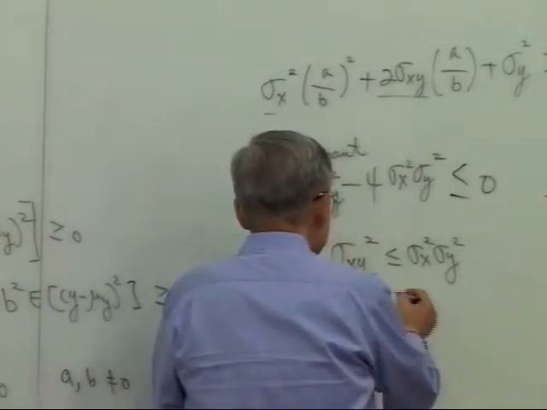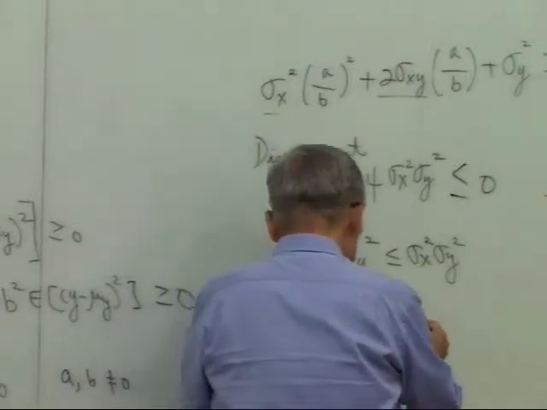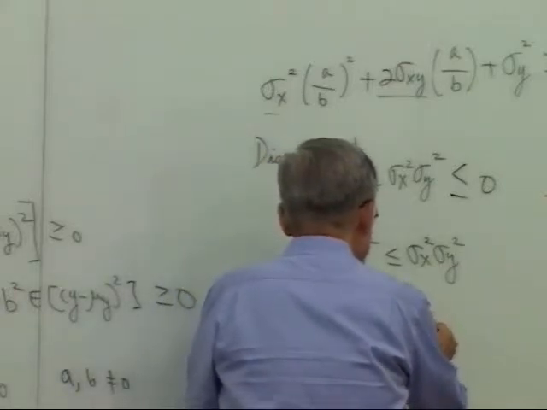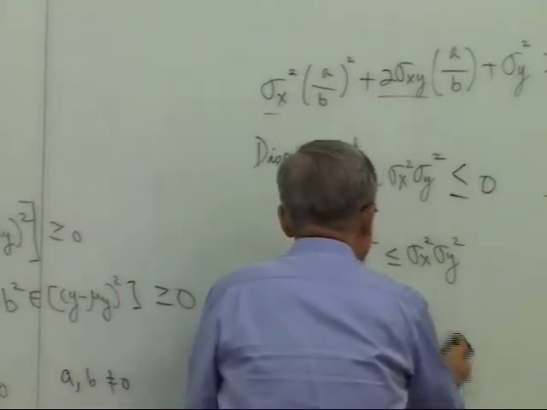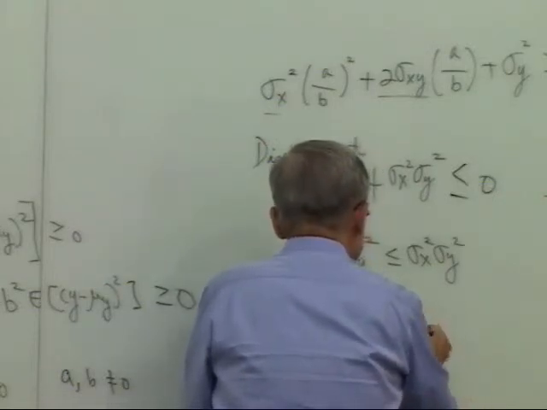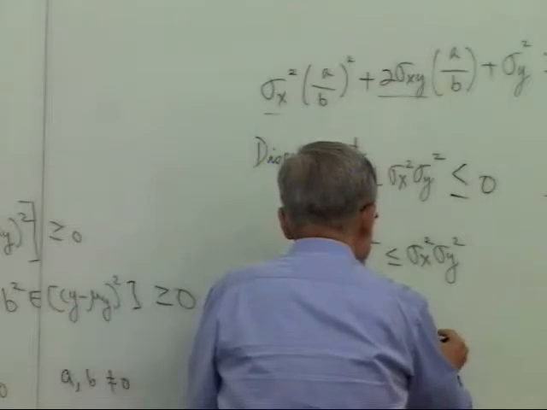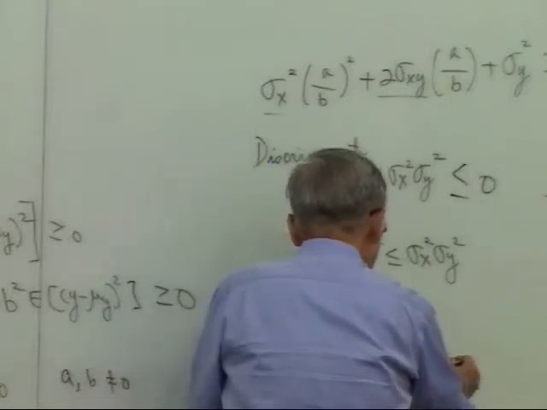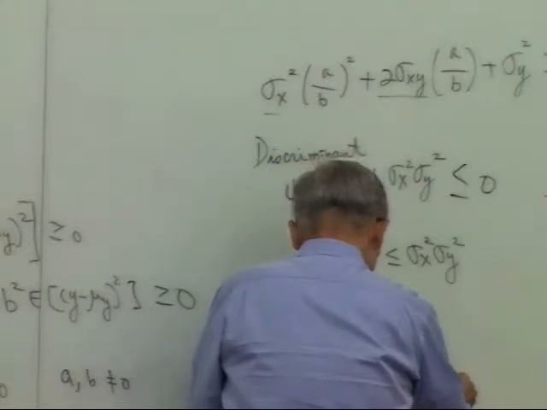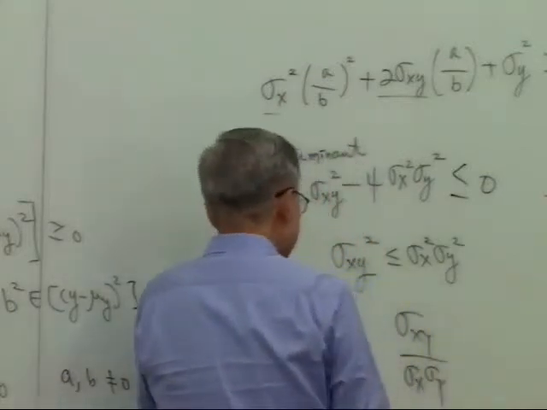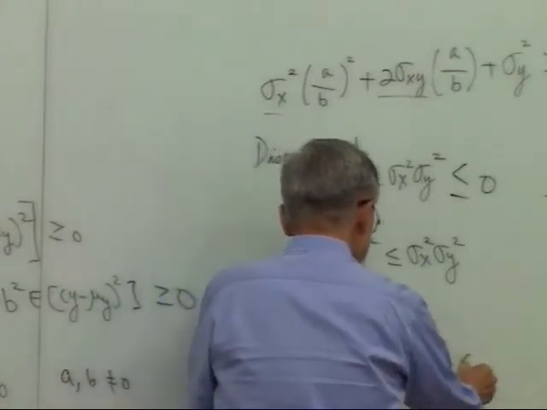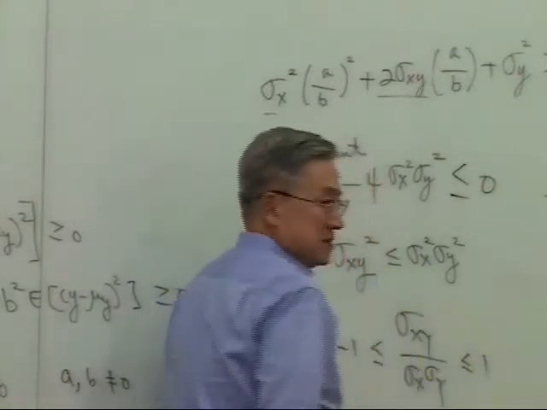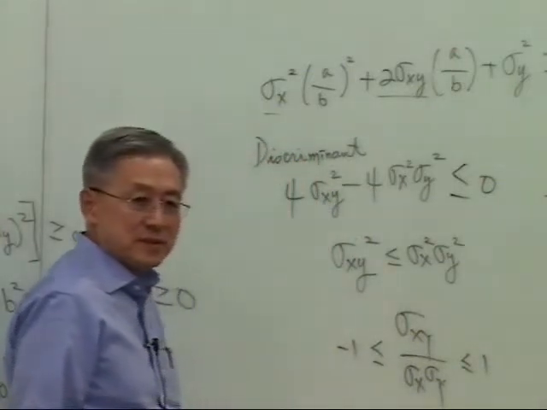So I can rewrite this as sigma xy over sigma x sigma y. Okay, if you do that, I can draw it like this, easy, right?